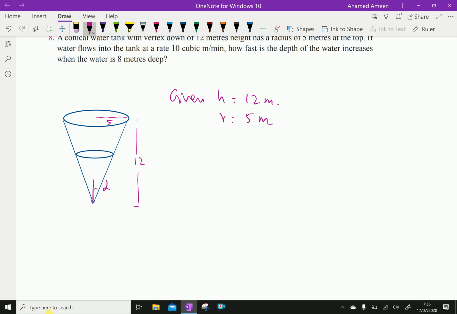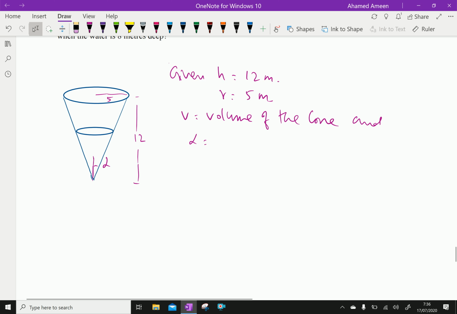Let V be the volume of the cone, and alpha the semi-vertical angle of the cone.